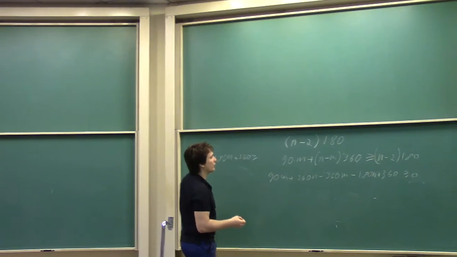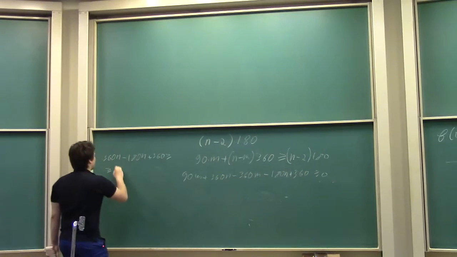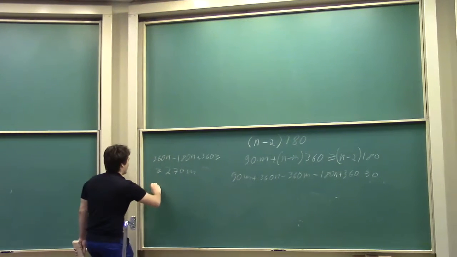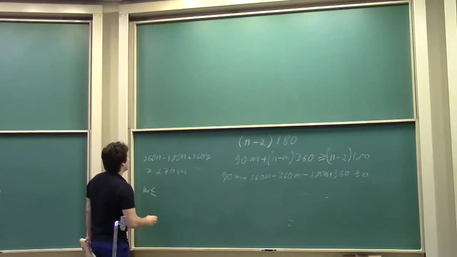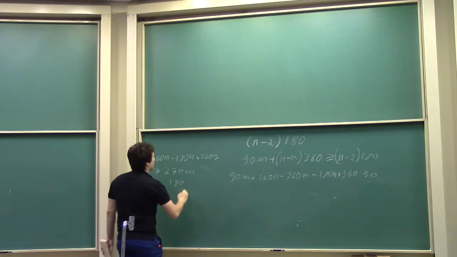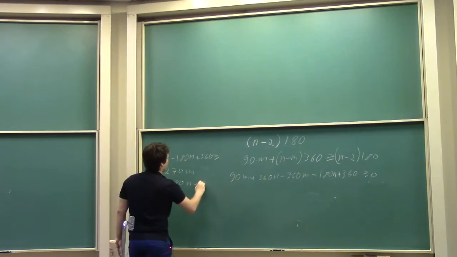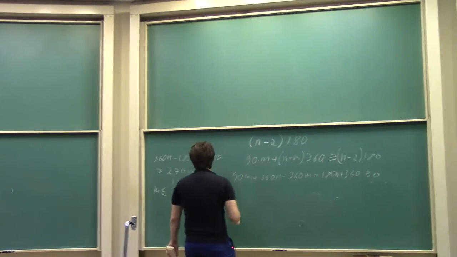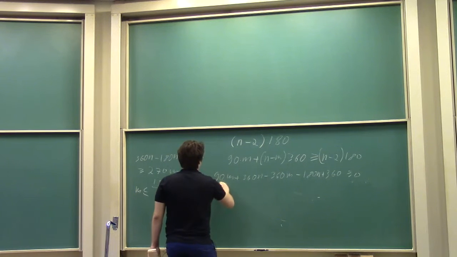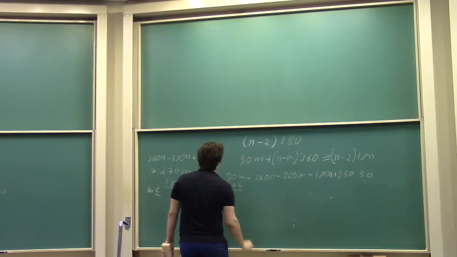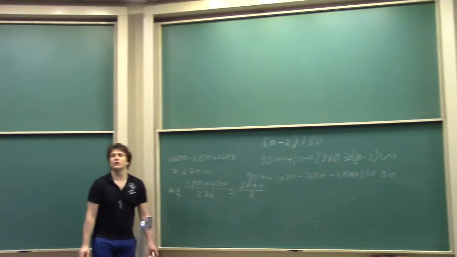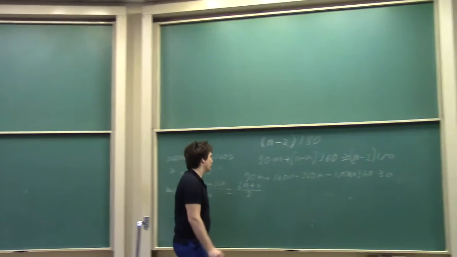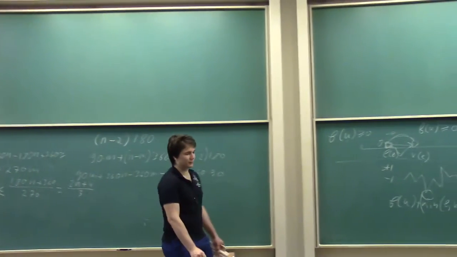Okay, and I move all with m to the right, and that is 70m. So now I can say that m is less or equal than 180n plus 360 divided by 270, that is 2n plus 4 divided by 3. So that's the theoretical upper bound on possible values of m.